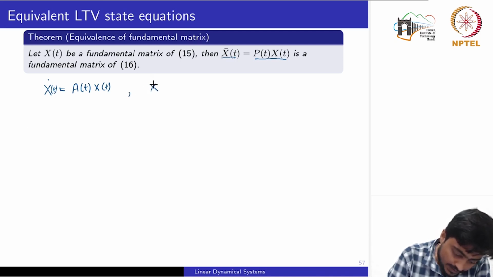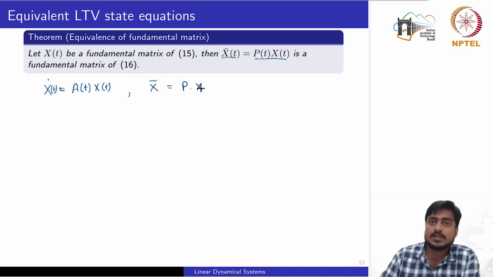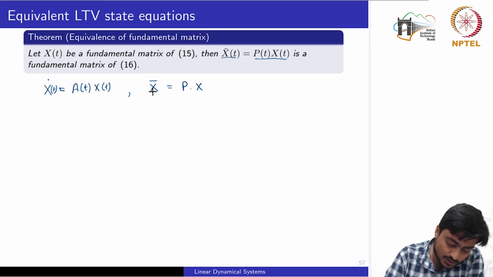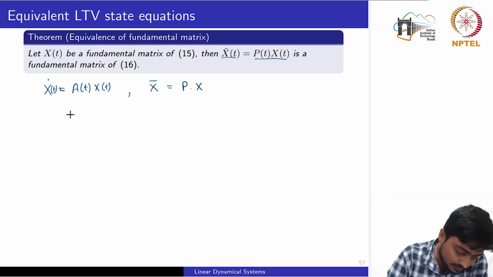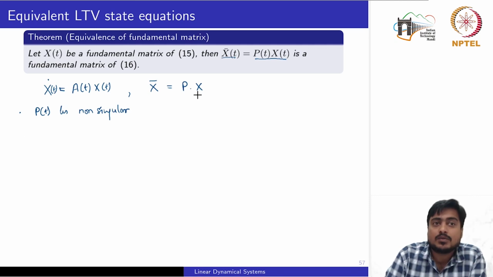We know that X bar is equal to P X. Whenever possible we won't be using the time as the argument, so it is implicitly clear that I am talking about X bar(t) equal to P(t) X(t). We know first that P(t) is non-singular. And one of the properties of the fundamental matrix is that X is also non-singular.